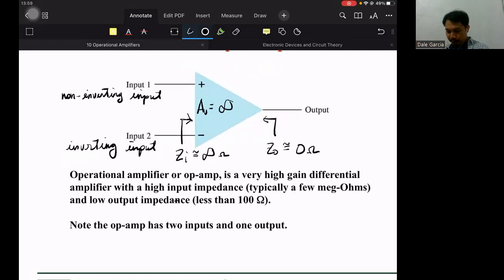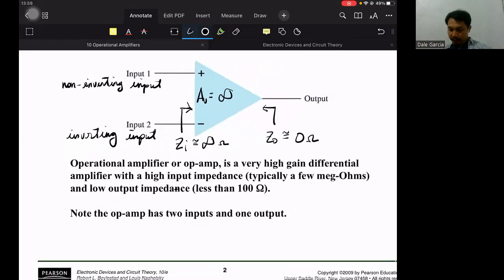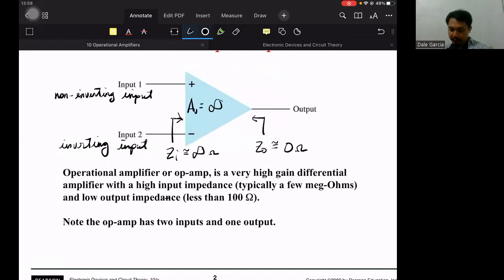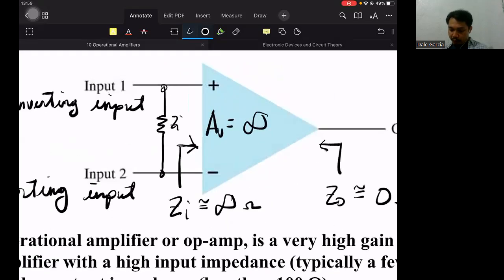So high input impedance means that if you try to imagine na dako kayo diri nga resistance, resistor ZI, that would mean no amount of current will flow inside our system, or inside our operational amplifier.